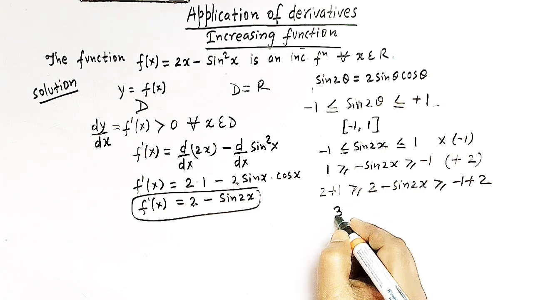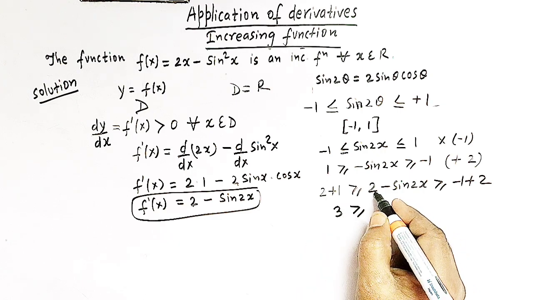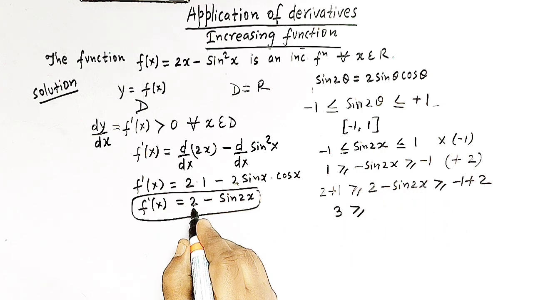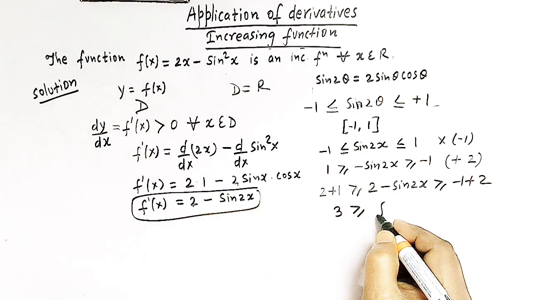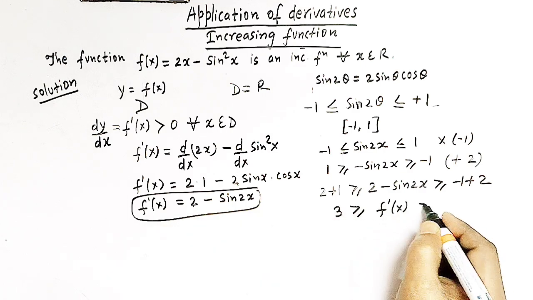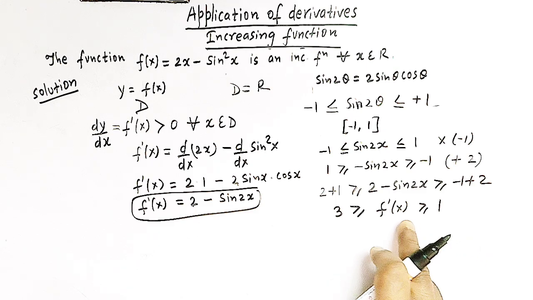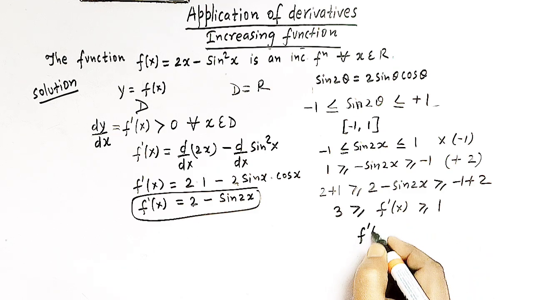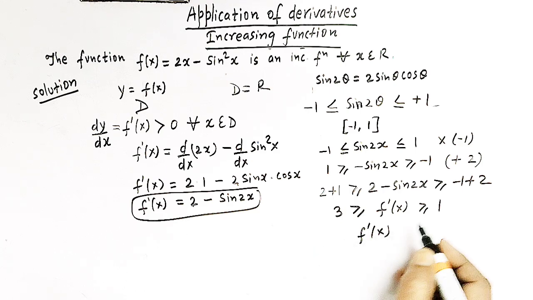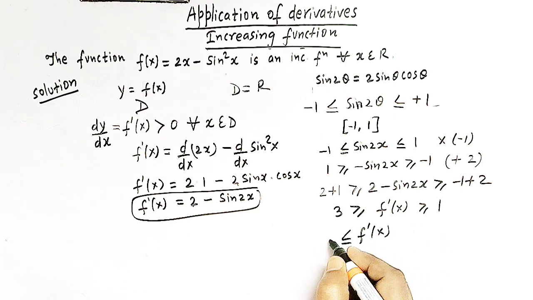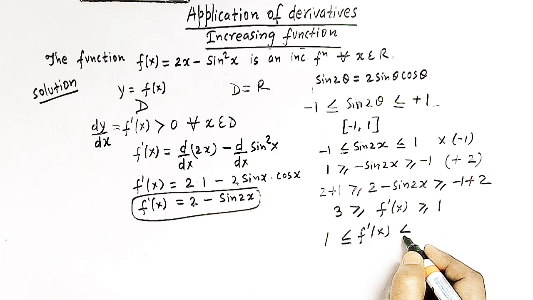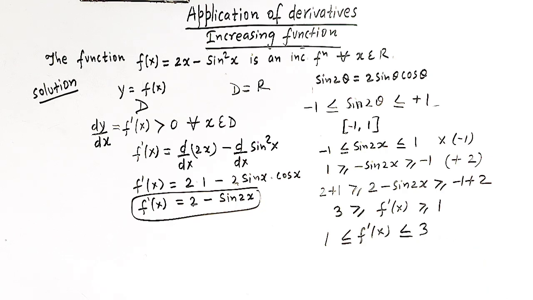So 2 plus 1 is 3, 2 minus sine 2x can be replaced by f prime of x, and 2 minus 1 is equal to 1. We can also write this inequality like this, that is f prime of x is greater than or equal to 1, but less than or equal to 3.